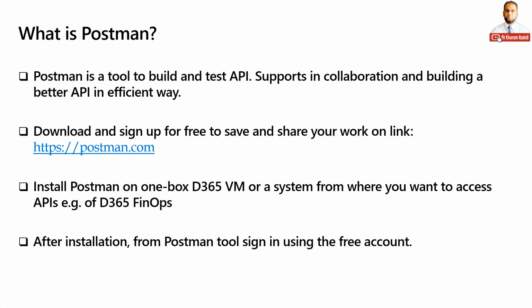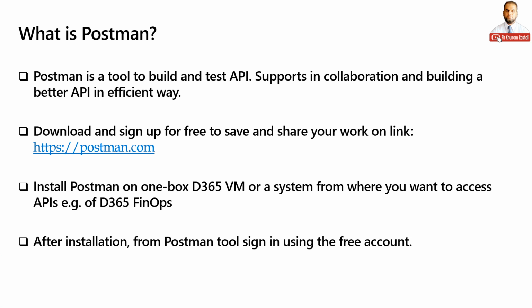It is also noted here that once you install the Postman tool and log in through it, whatever work you save goes to your web account, and the next time you are connected through the internet, you will get your work already in your workspace inside Postman.